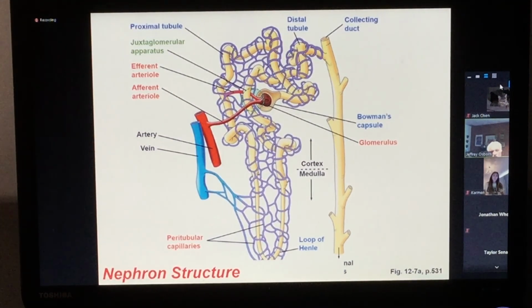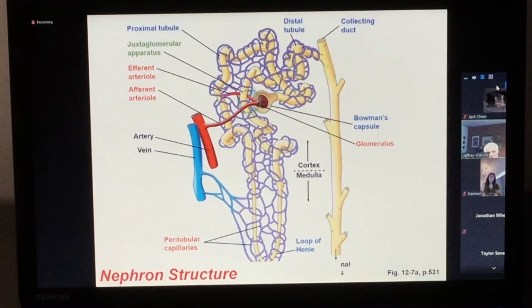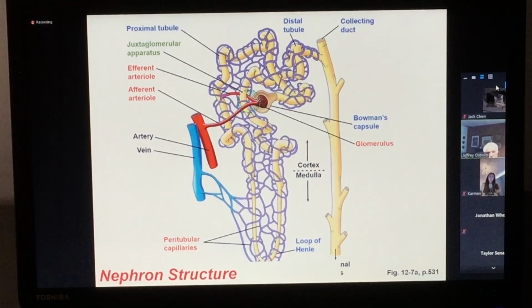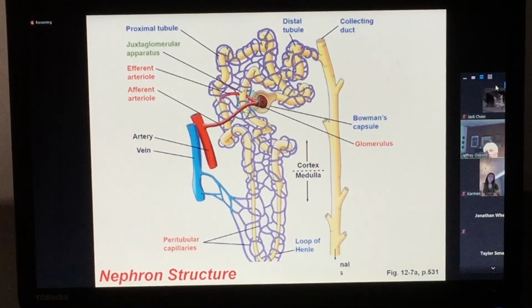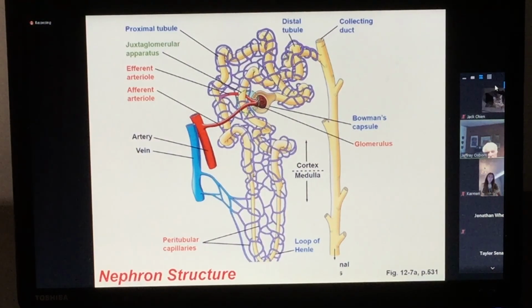If you have too little tubular fluid coming into that juxtaglomerular apparatus, you will then dilate your afferent arteriole and constrict your efferent arteriole to increase the tubular fluid flow and maintain that single nephron tubular fluid flow rate constant all the time.